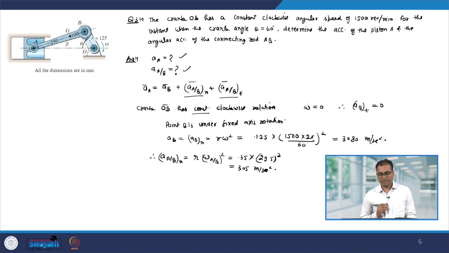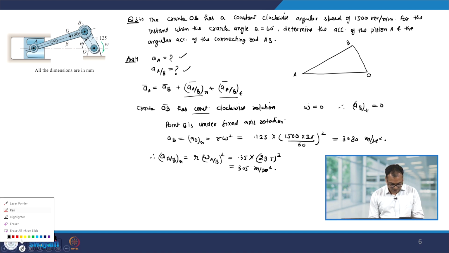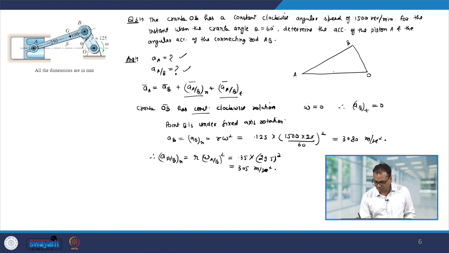Okay. So, now we know A_ABN, and if we find out A_ABT, then we know what is A_A and what is alpha AB. For that, let us look at the geometry of the acceleration. So, we have O here, A here, and we have B. Okay. The acceleration of A will be along AO. So, this is the direction of the acceleration. Point B is making a fixed axis rotation like that.